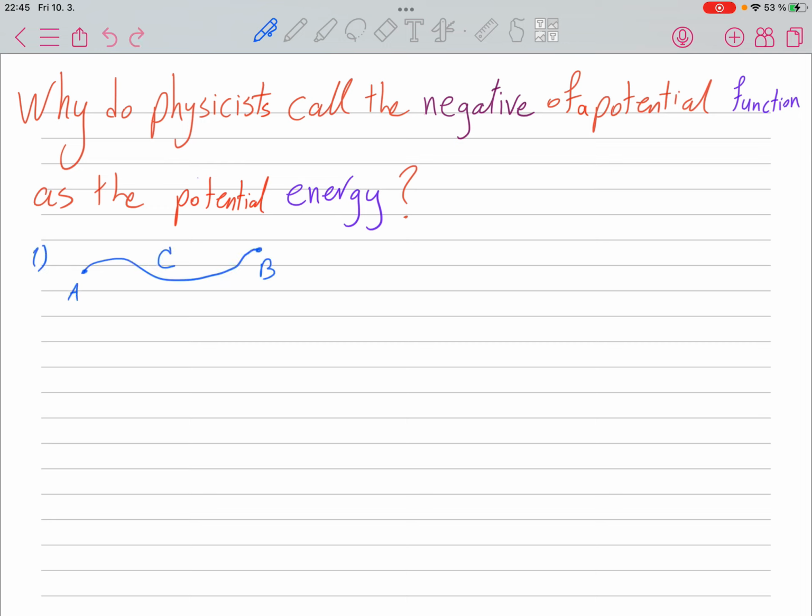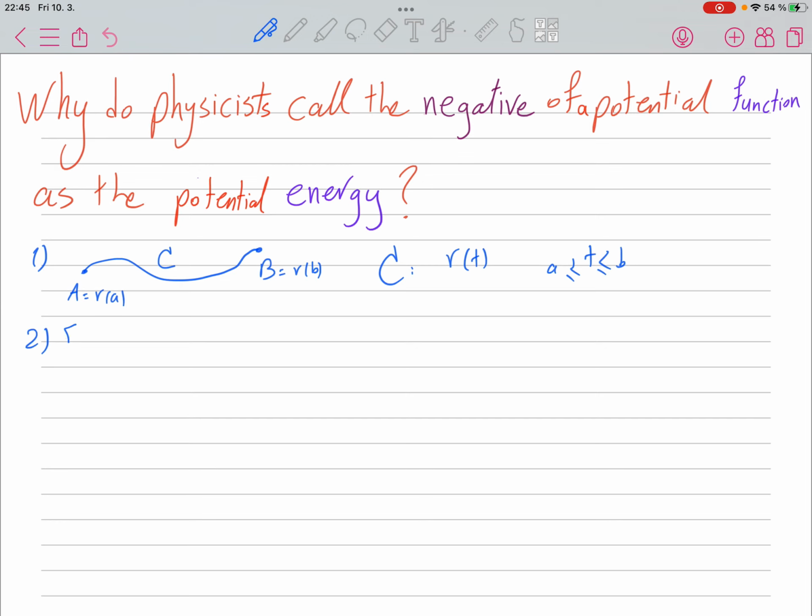Suppose that we have a curve C with initial point A and terminal point B, and suppose that this curve has a parametric form, let's call it R of t, with t between a and b. Therefore here we have R of b, and A is equal to R of a.